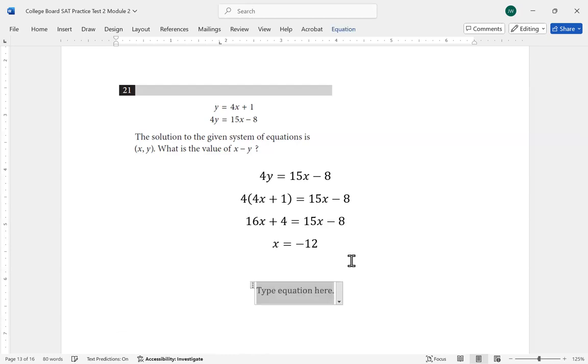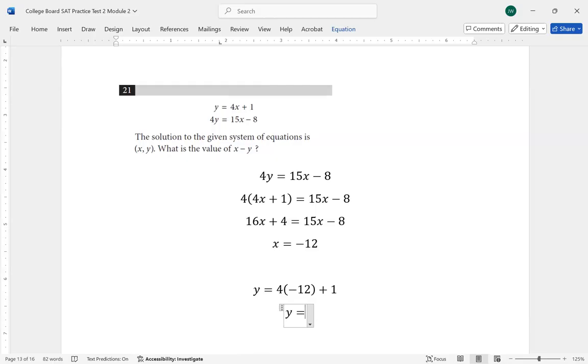Then we can find y by plugging negative 12 into either the first or the second equation. It'll be a little easier in the first equation because I don't have a coefficient on my y, or it's an implied 1. So plug negative 12 into that first equation.